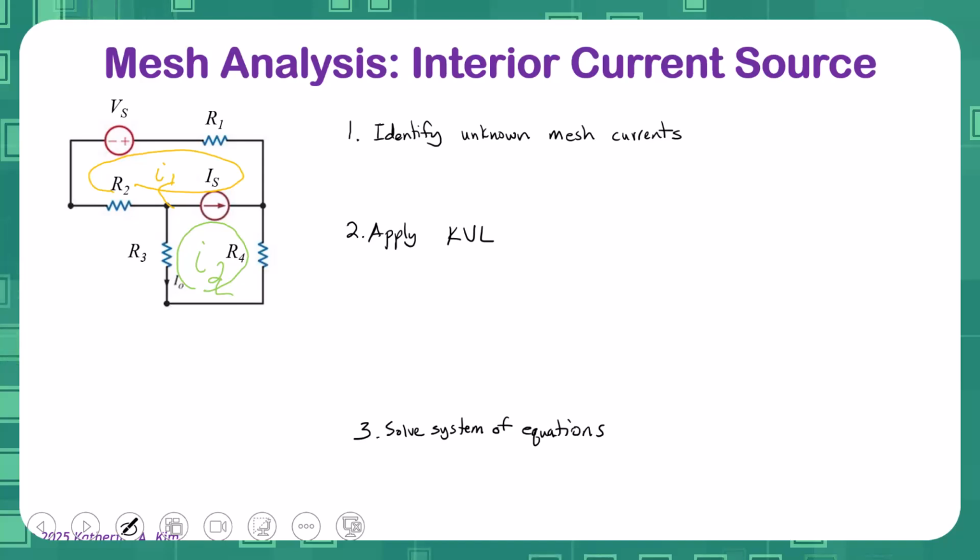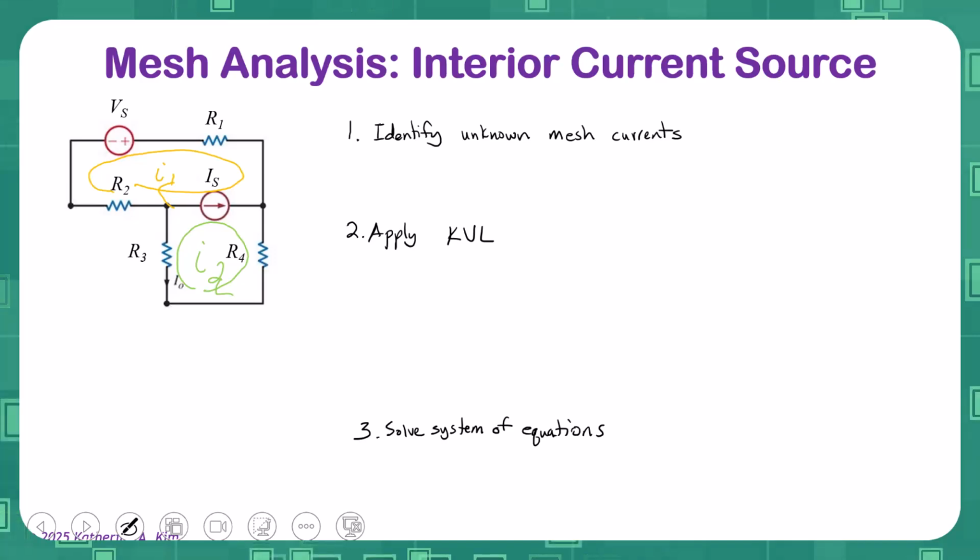We notice that we have this interior current source, and so we'll see if we have one or two unknowns, and we can do this by applying our source suppression.